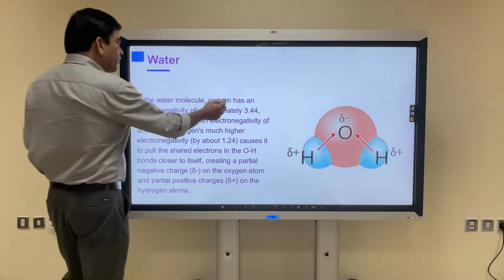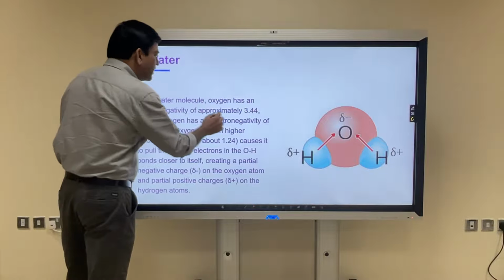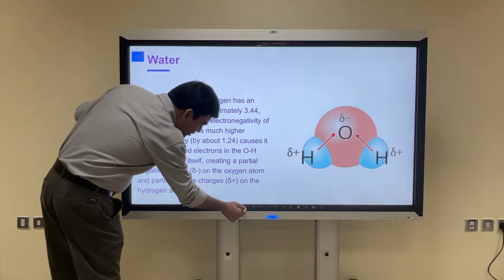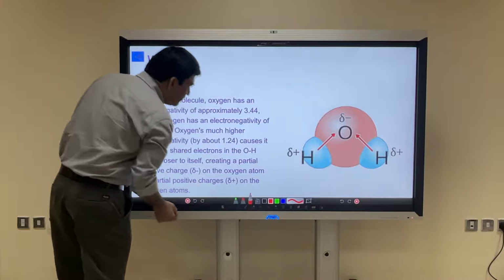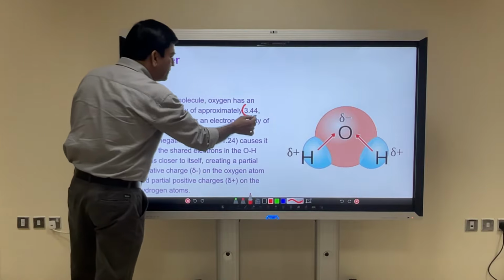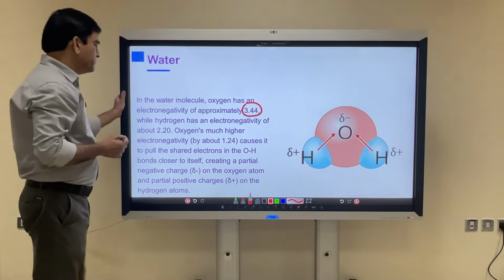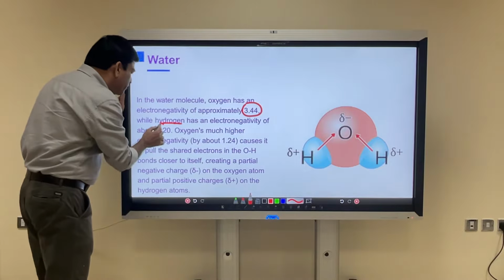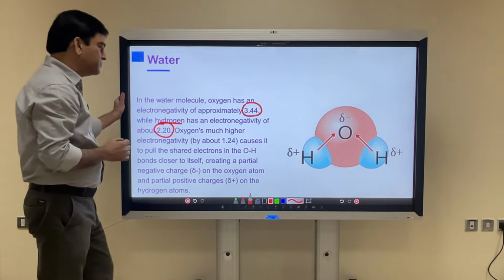In the water molecule, oxygen has an electronegativity of approximately 3.44, while hydrogen has an electronegativity of 2.20.